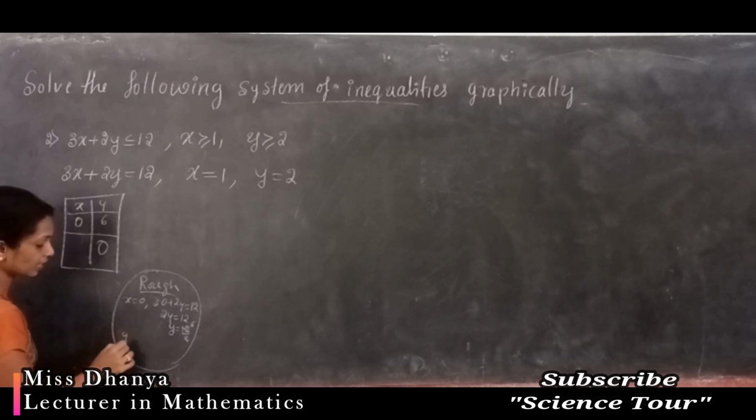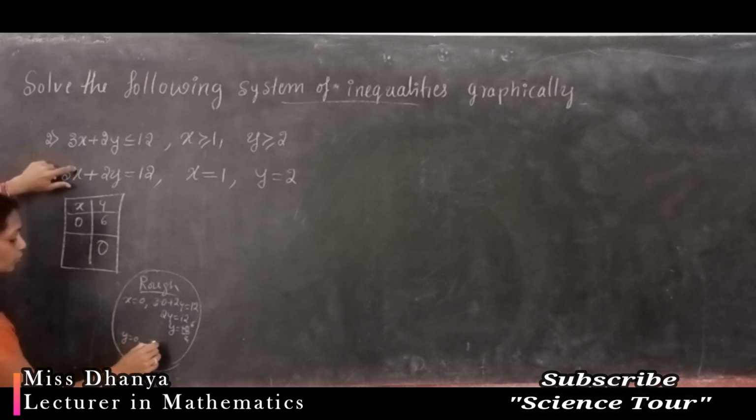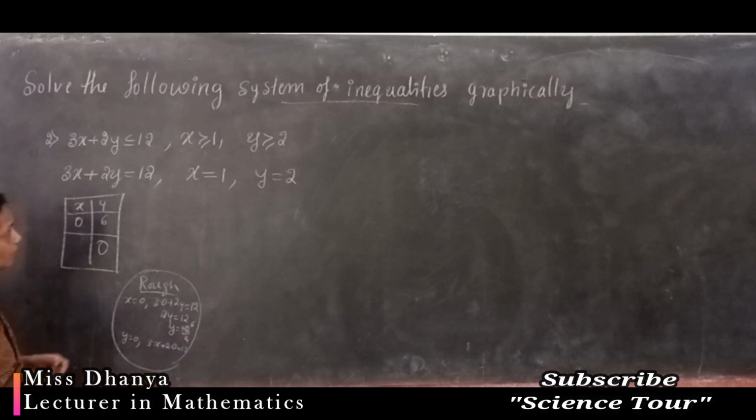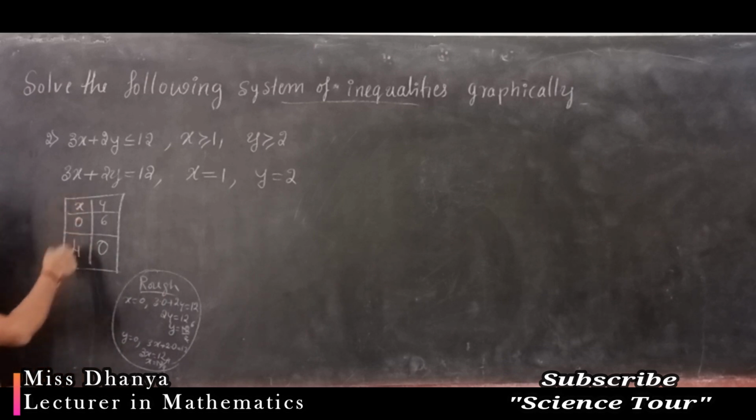Okay, when y is equal to 0, in this equation you get 3 into x plus 2 into 0 is equal to 12. This 2y term vanishes when y is equal to 0. So then 3x is equal to 12. So that gives you x is equal to 12 by 3. 3 fours are 12. So x value is 4. So in x column you have to write 4 for y is equal to 0.